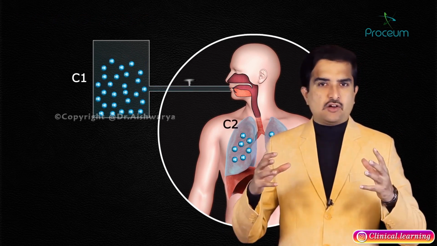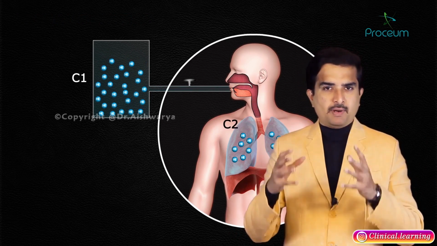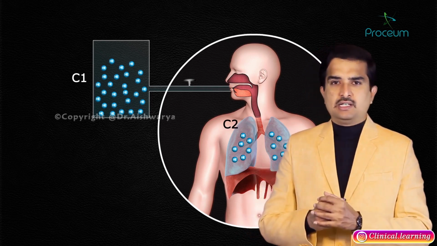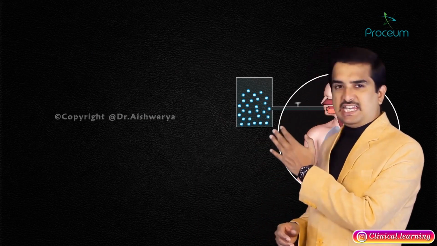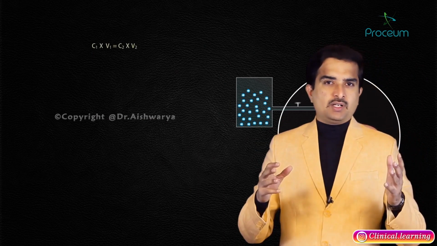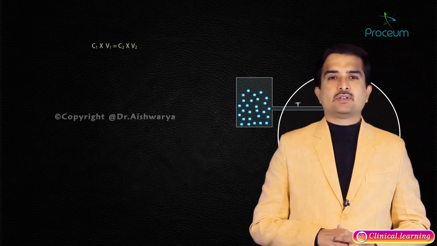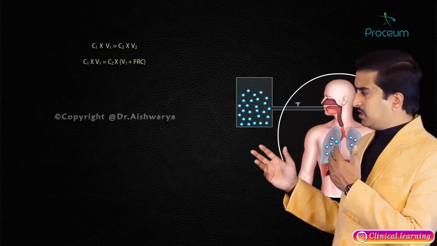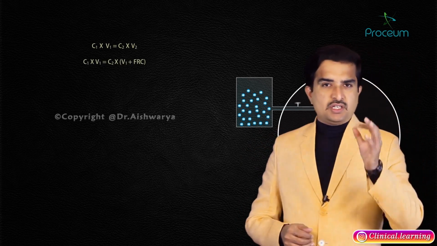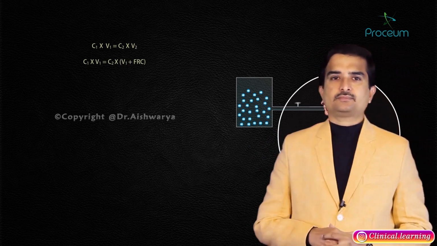Because there is no leak of substances in the system, the amount of helium remains constant during the test, and the FRC can be calculated using the following equation: C1 times V1 is equal to C2 times V2. By this formula, C1 times V1 is equal to C2 times (V1 plus FRC).